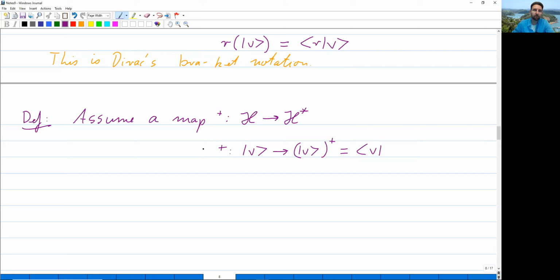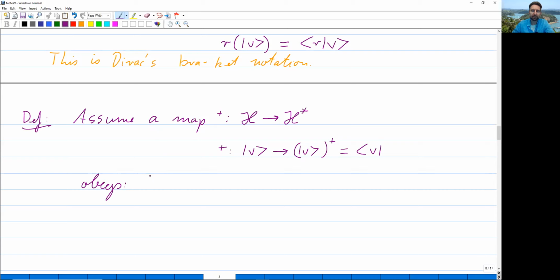And we want it to obey certain conditions. So assume the map dagger obeys that, now you might expect, well, we want it to be linear, right? But not quite.